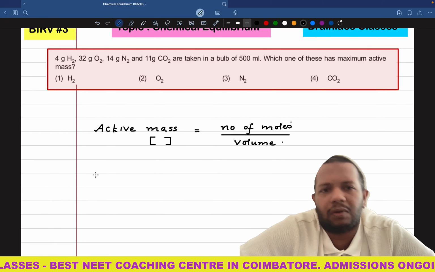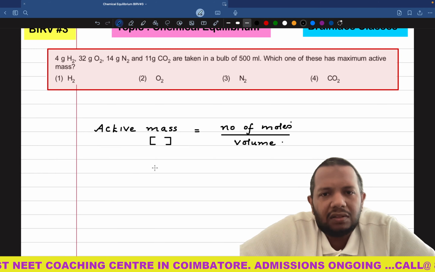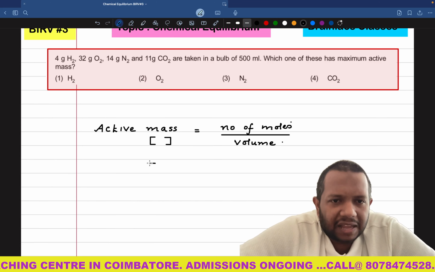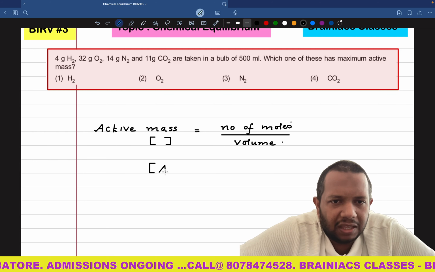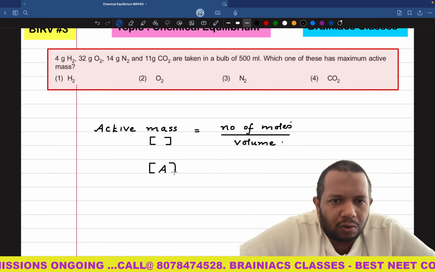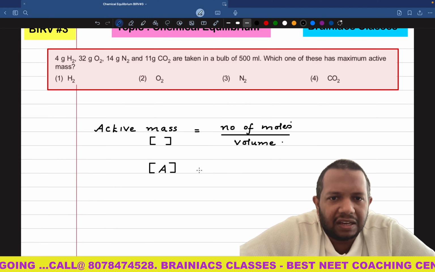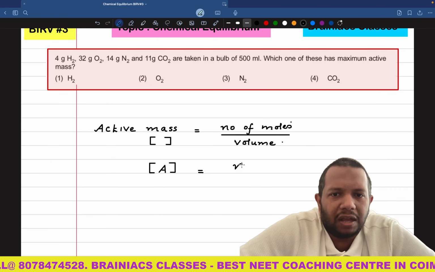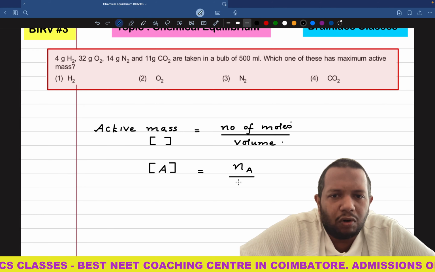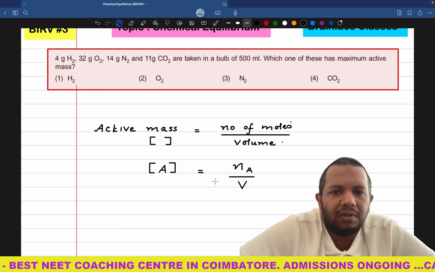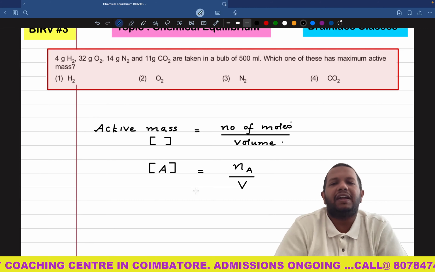So this is same as concentration. Don't worry about that. If I want to write the active mass of A, similar to concentration of A, we will write it like this: the number of moles of A divided by the volume it is occupying, V. So this is how fundamentally we define active mass.